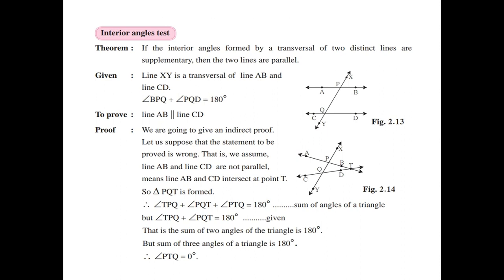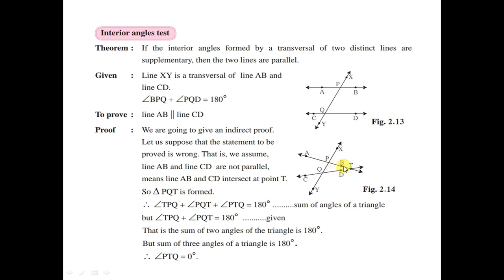So triangle PQT is formed if they are not parallel. That means the lines will intersect at one point and a triangle will be formed. So here we get the triangle PQT.